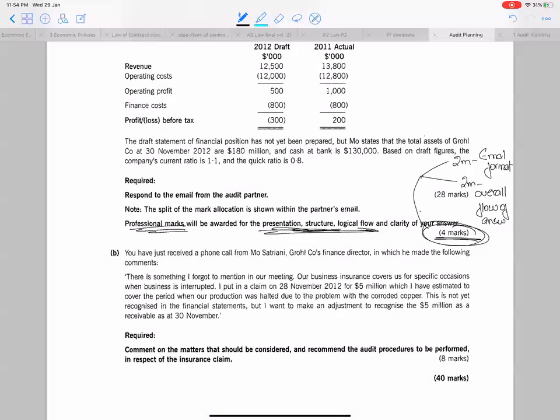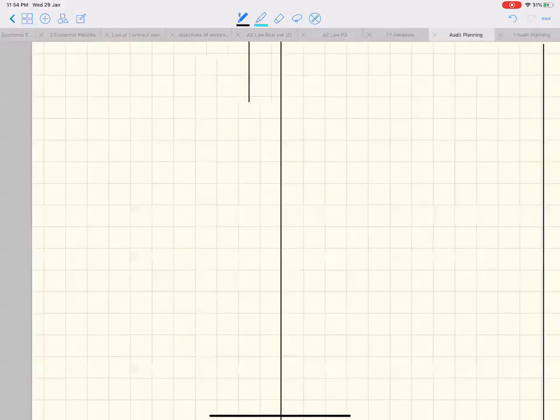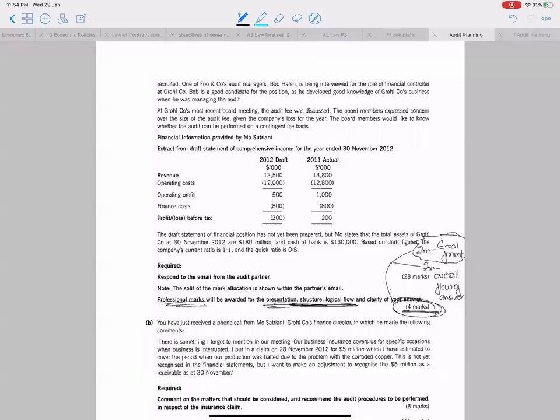What do you mean by overall flow of answer? That in how good a manner you develop your answer, the use of headings and the overall logical flow of the answer. So 2 marks are for the email format. So let's see how we have to draft the email. Now, when you are writing the email, look at this.